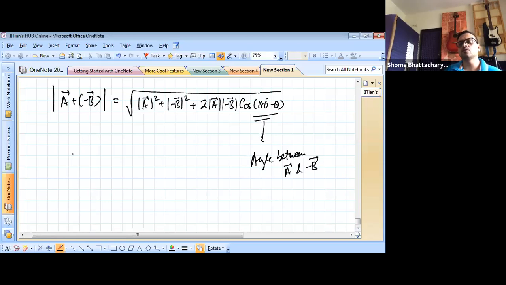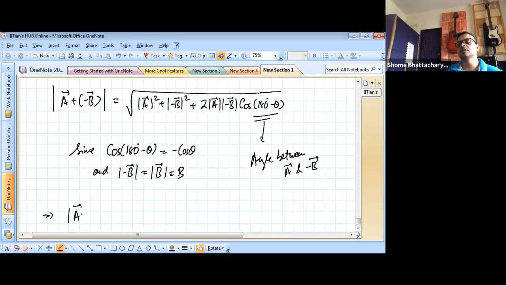Okay. Now use the formula: cos of 180 minus theta is minus cos theta. And of course, the magnitude of minus B is the same thing as the magnitude of B, which in short form we can just write as B. So this thing now becomes mod of B. On the other side, wherever there is mod of minus B, you just replace it with capital B. And cos 180 minus theta becomes minus cos theta.